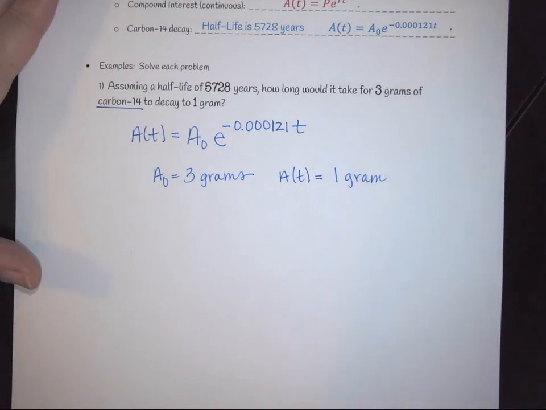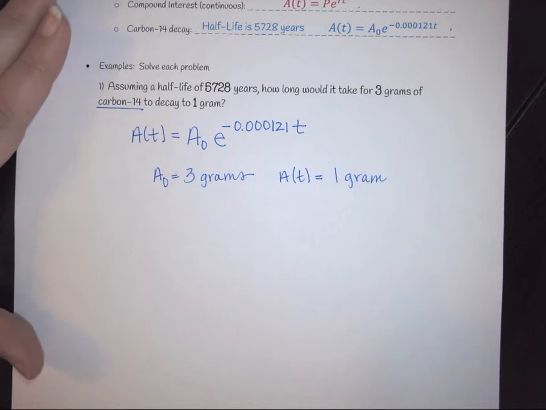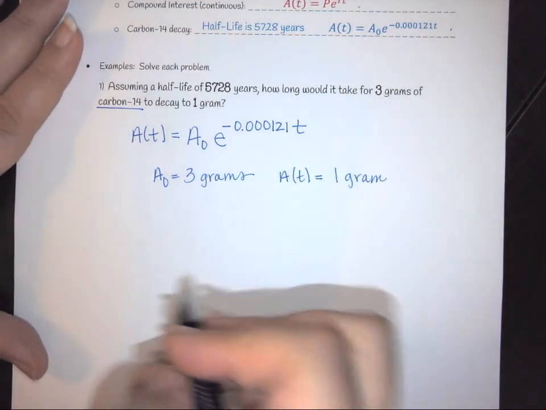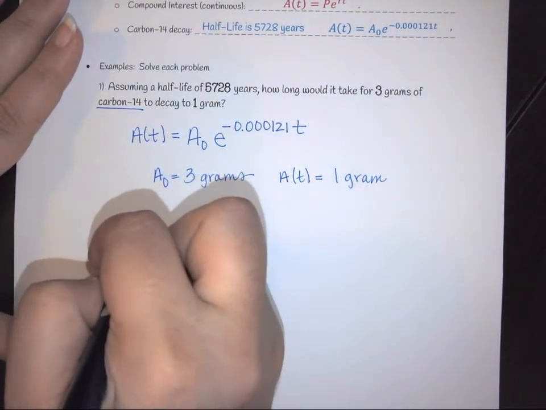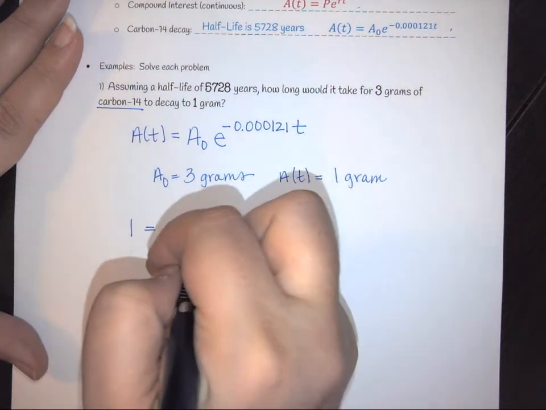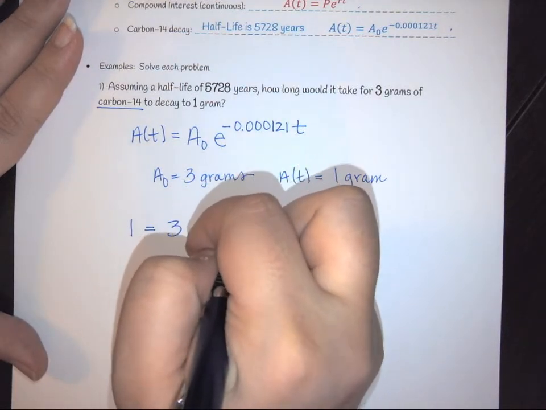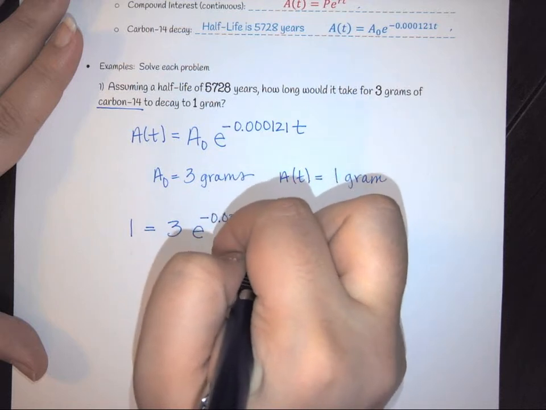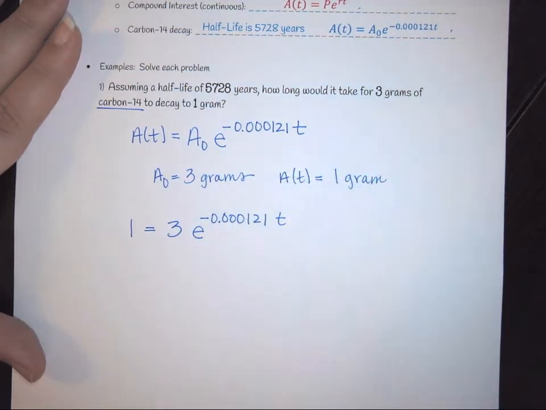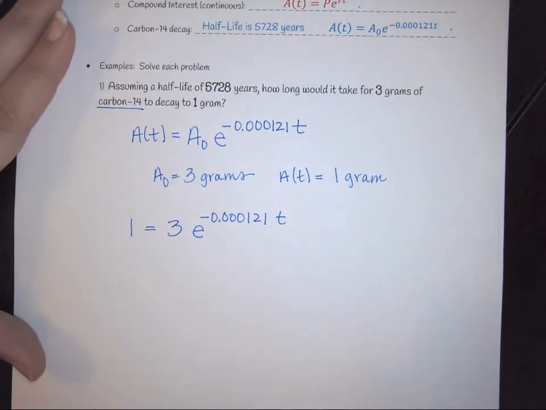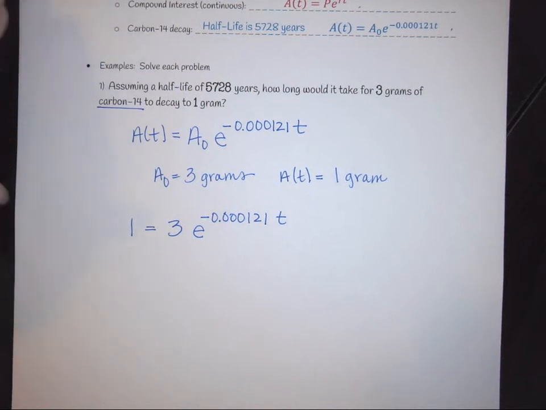What we want to know is how long it's going to take for that decay to take place. So here, what we care about is that we have 1 is equal to 3 e to the negative 0.000121 t. So we need to solve for t.